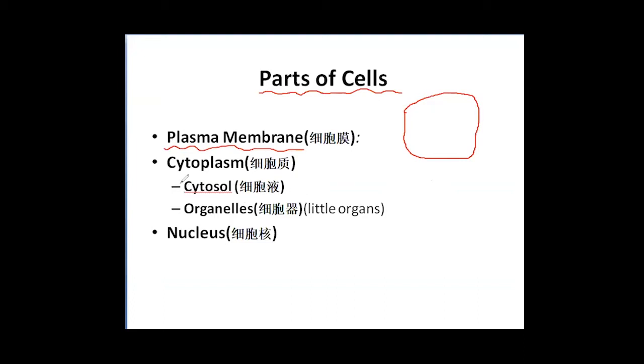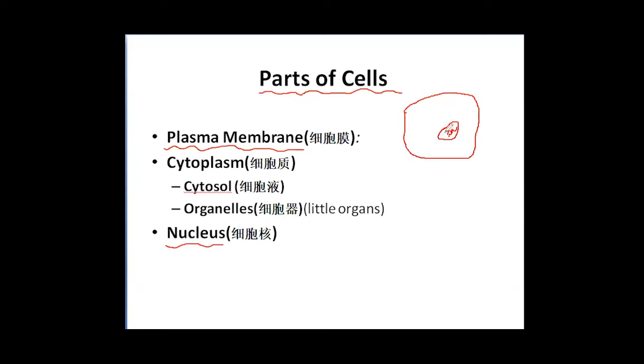And the second part, we're talking about the nucleus first. Inside the cells, they have a kind of solid part. They will have DNA or chromosomes inside. That part we call the nucleus.